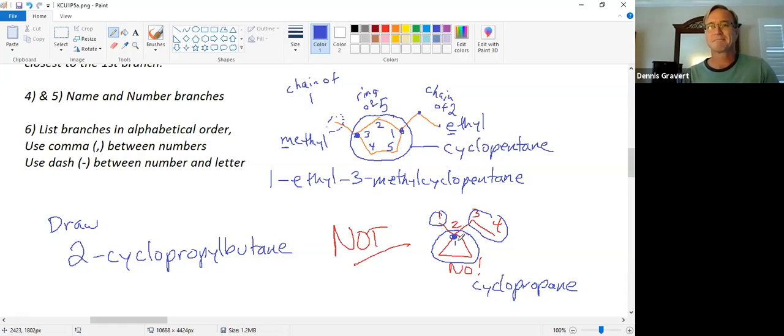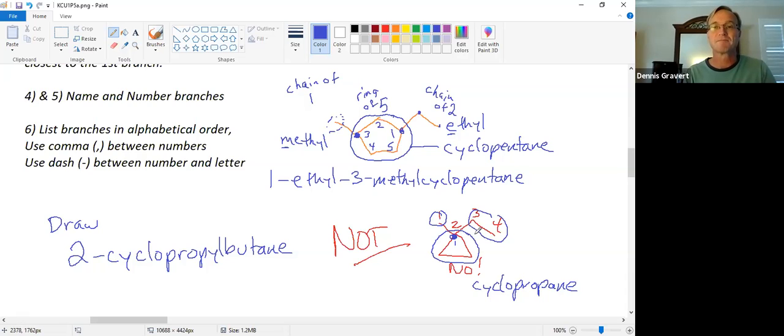Where's carbon 2, you ask? Who cares? You're not going to use a 2 in your name. If you wanted to finish numbering the ring, you could have 2 on the right side going clockwise, or 2 on the left side going clockwise. Doesn't matter. There are no groups out there to identify.